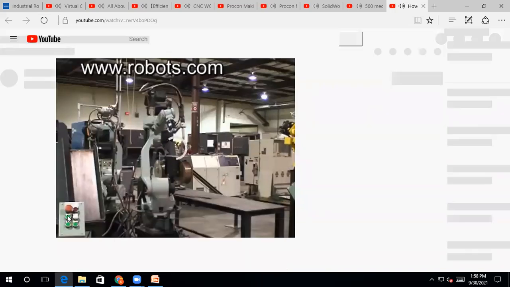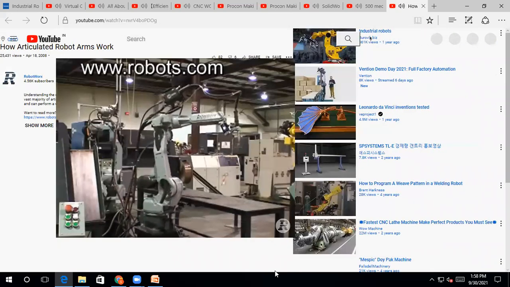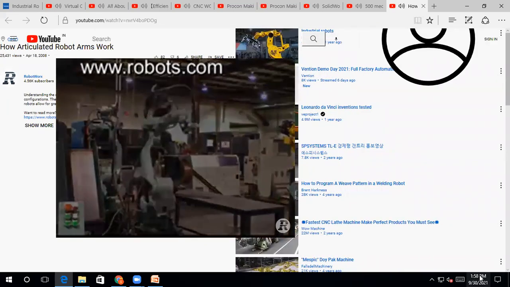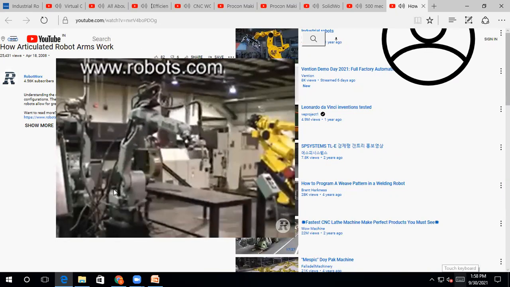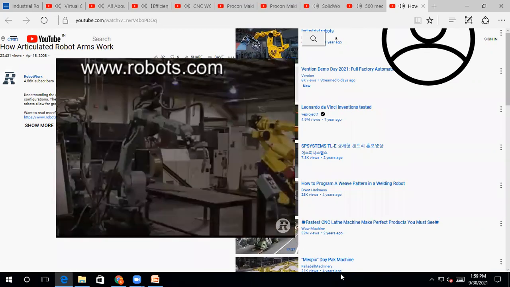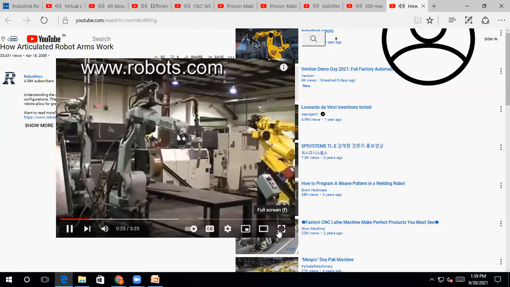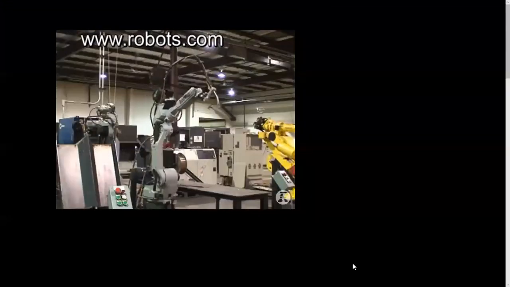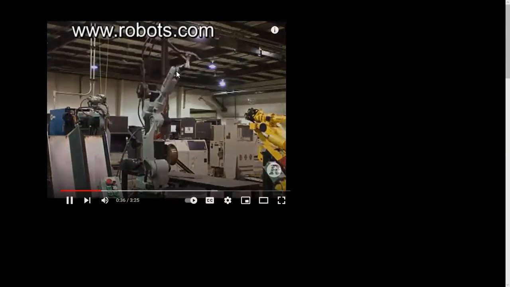Articulated robot. One rotary joint. So this is the second rotary joint. This is the third rotary joint.